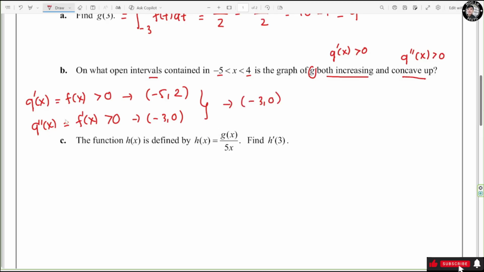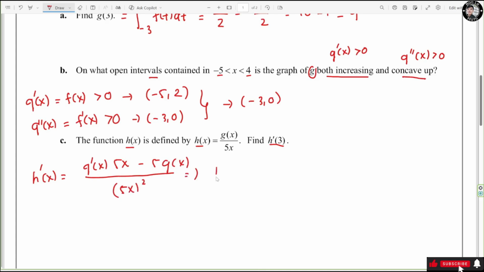Question C. The function h of s is defined by h of s equals g of s over phi of s. We need to find h prime of 3. So we need to take the derivative of this one using the quotient rule. So h prime of s equals g prime of s times phi of s minus phi prime times g of s, over phi of s altogether squared.